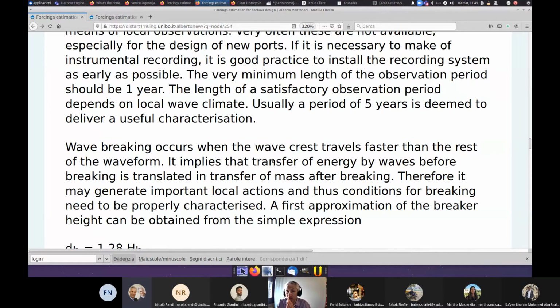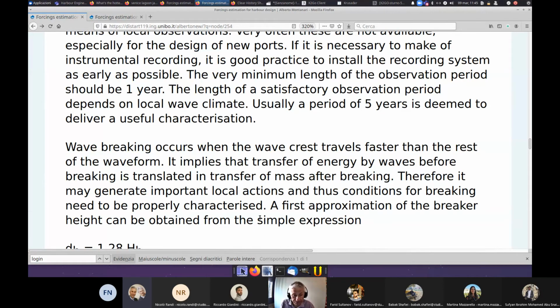And therefore, you have to be fully aware of what is the risk of designing something on the basis of very limited observations, and how to compensate, how to reduce this risk by using safety factors. So the shorter the observation period, the more appropriate it could be to adopt a larger safety factor.